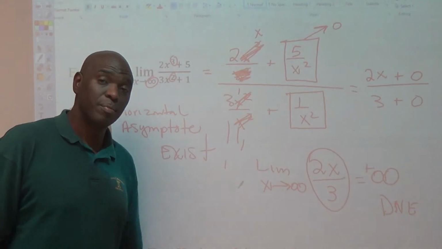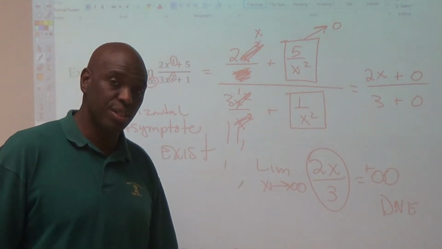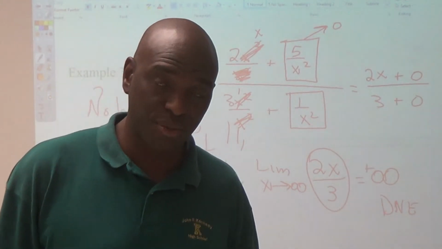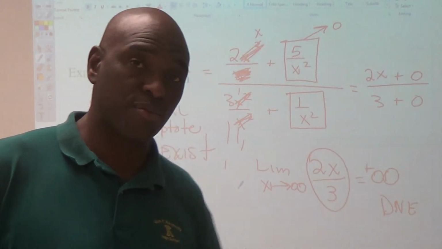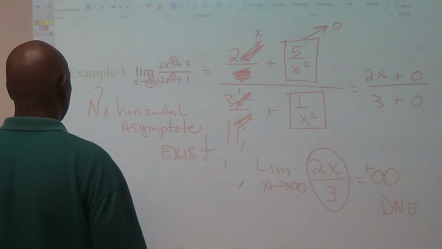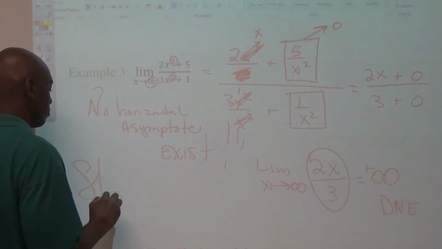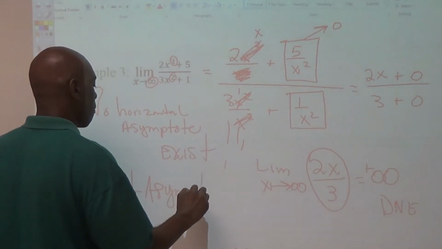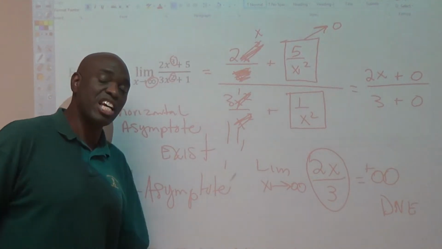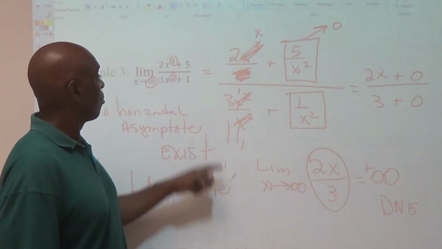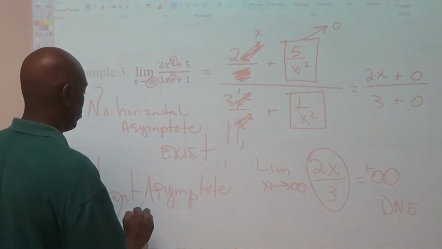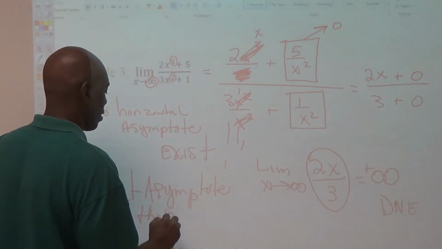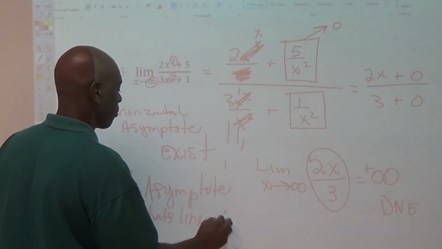That's it. This right here, ladies and gentlemen, is what we call a slant asymptote. It'll have a slant asymptote, not a horizontal. Okay, so this is going to give me a slant asymptote. A slant asymptote that's linear.